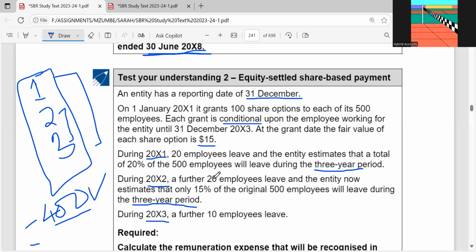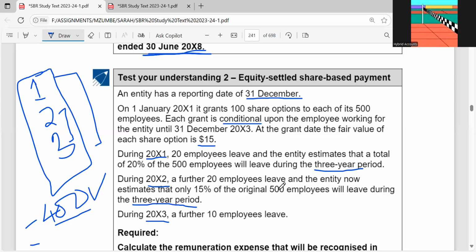But this information is different now. So learn how to use the information available, right? In case you use maybe 20 and 20, you won't know the remaining, so it would still be the problem. So use the best information available. I hope you got that right. So here, during 20x2, a further 20 employees leave, and the entity now estimates that only 15% of the original 500 will leave.